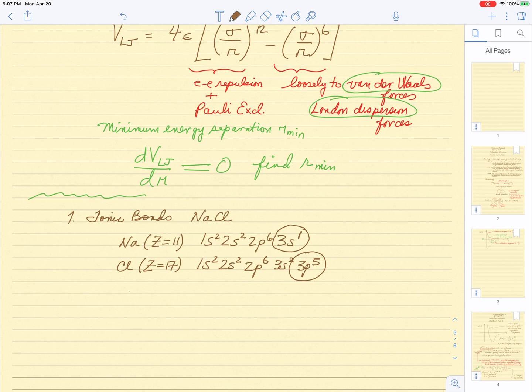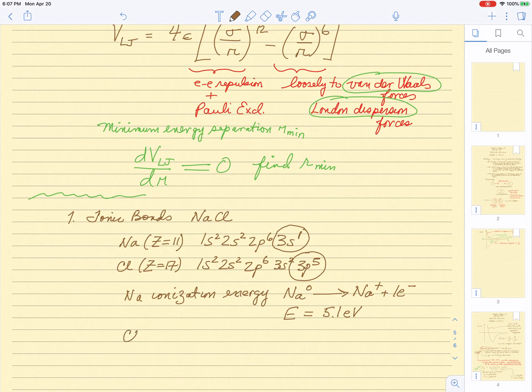If we look at the sodium ionization energy, that's to take sodium 0 to sodium plus 1 electron. That energy is equal to 5.1 electron volts.